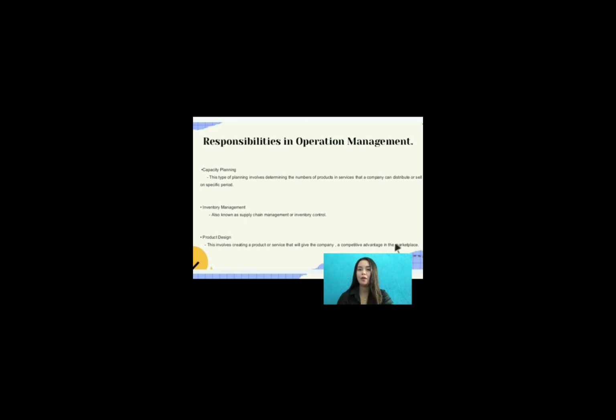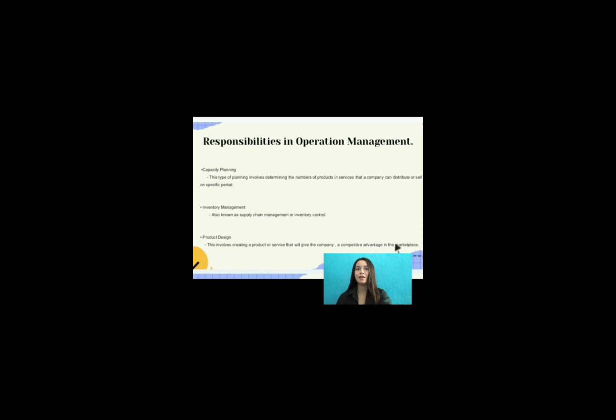They also monitor the finished products and equipment that they use in their store.